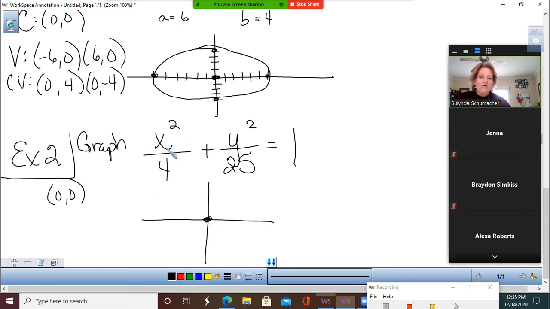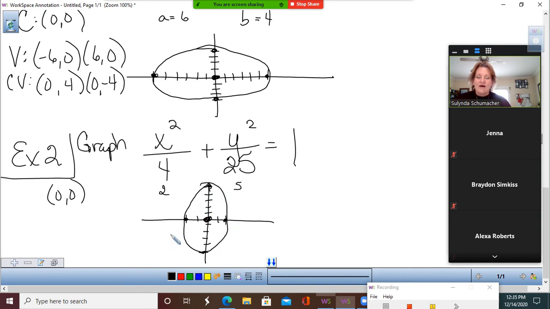If I square root that, I get 2, right? So on my x-axis, I'm going to go 2 to the right and 2 to the left. Under y is 25. If I square root that, I get 5. So I'm going to go up 1, 2, 3, 4, 5, and down 1, 2, 3, 4, 5. And I'm going to connect my dots.